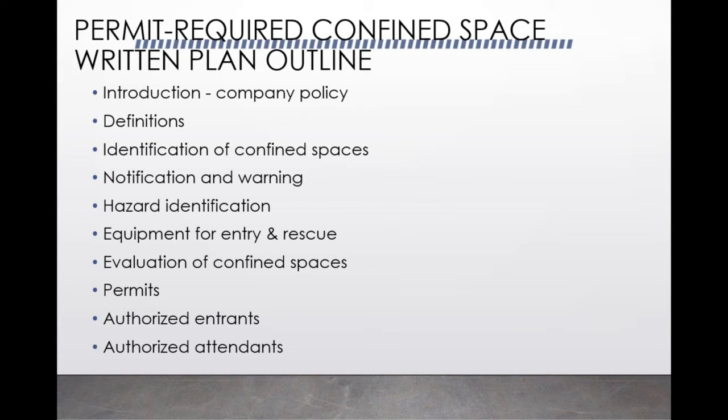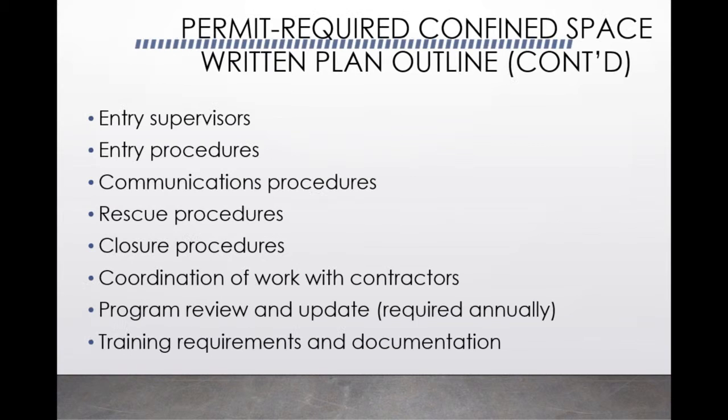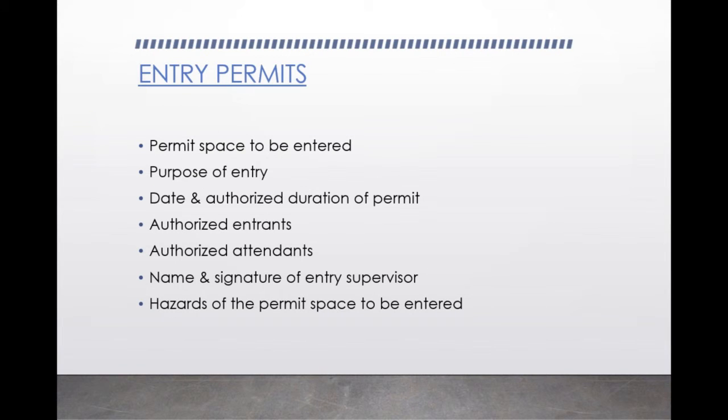The permits themselves, you decide the authorized entrants and attendants, the supervisors, your specific procedures, how are you going to communicate, rescue procedures step by step, closure of the permit, and then whatever coordination you need to do with the subcontractors. That's all going to be part of your written plan. Review it at least annually, and you're going to have your training and your training documents so that you know for sure everybody's on the same page.